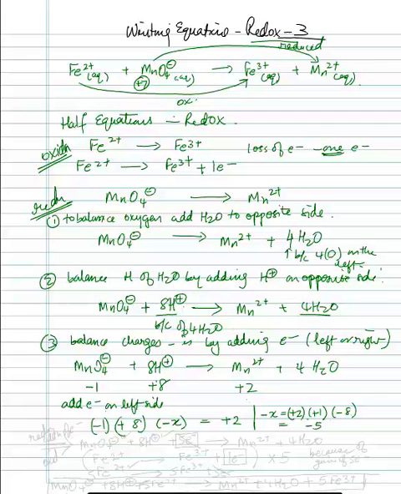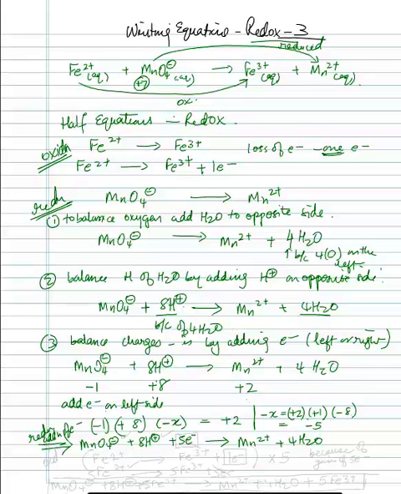Which means I need to add 5 electrons on the left hand side. So my equation then is MnO4- plus 8H+ plus 5 electrons to give Mn2+ plus 4H2O. Now this is good because this is reduction, and in reduction you have addition of electrons, so that should go on the left side.